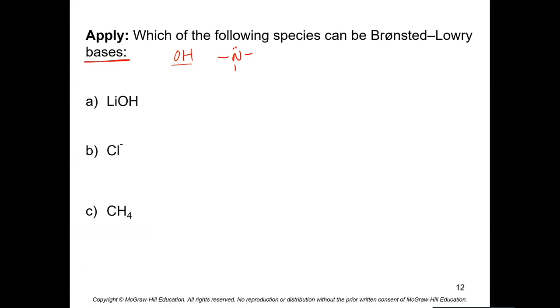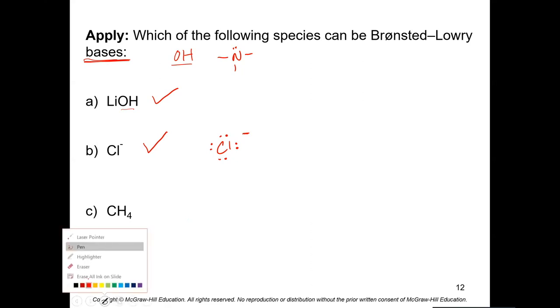So to identify a base, I need to have an OH. I have an OH here, so this will act as a base. Cl minus, it's going to act like a base because it has lone pairs that it can donate to a proton. It can donate any of those valence pairs, but let's say it'll donate this lone pair to make a bond with H plus.